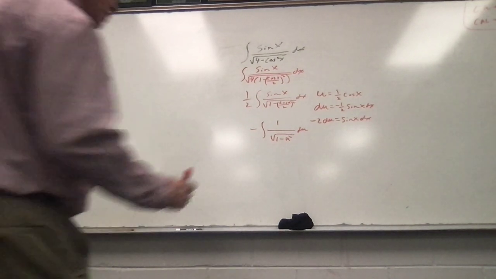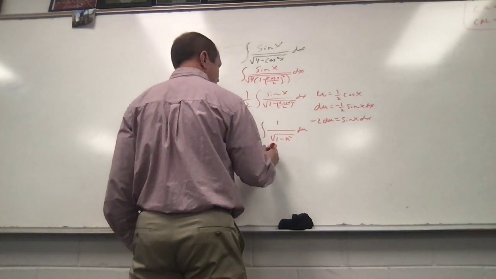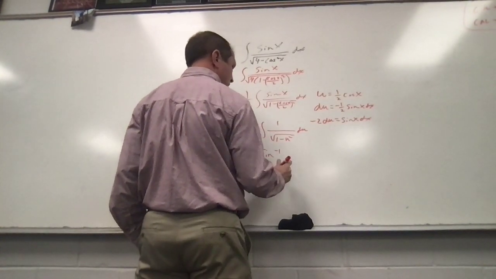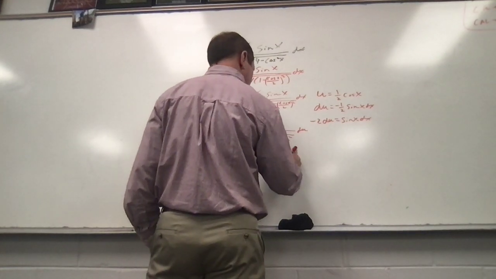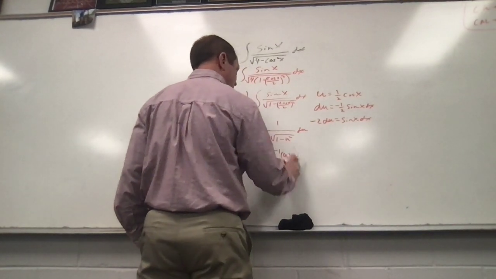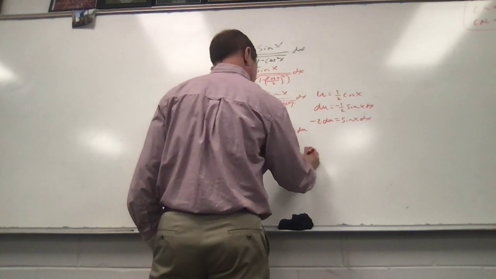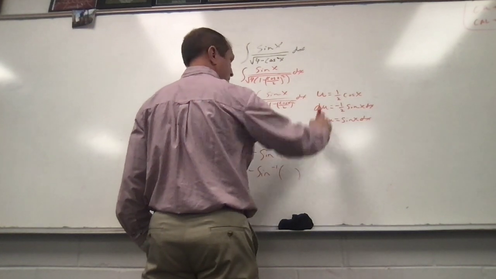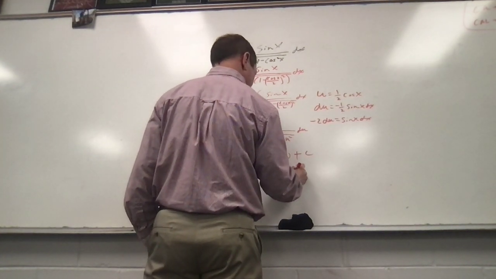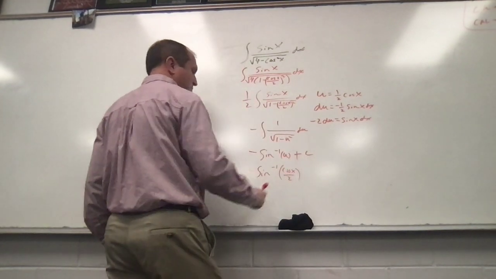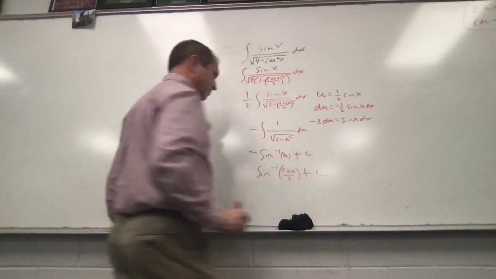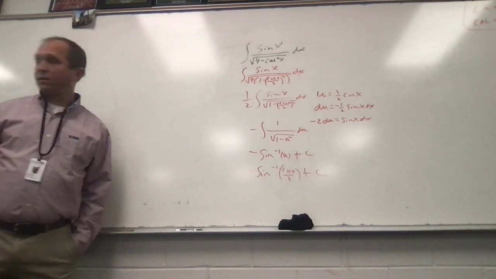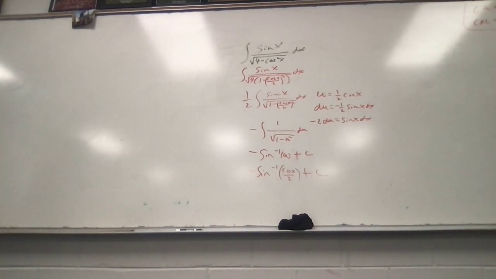So it's the negative of the sine inverse of u plus c. So it's the negative of the sine inverse of cosine x over 2, or 1/2 cosine x. That looks smarter. And again, if you wanted, negative sine inverse could be written as the cosine inverse of that.